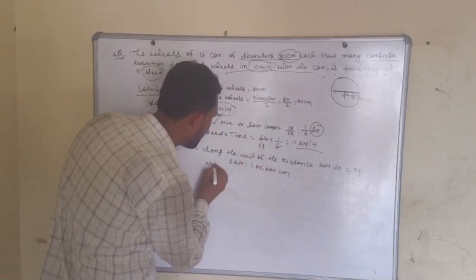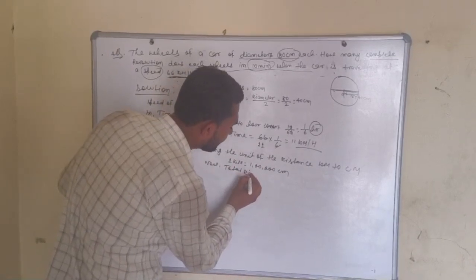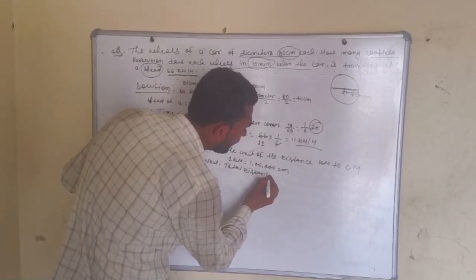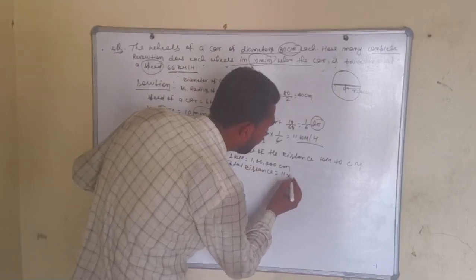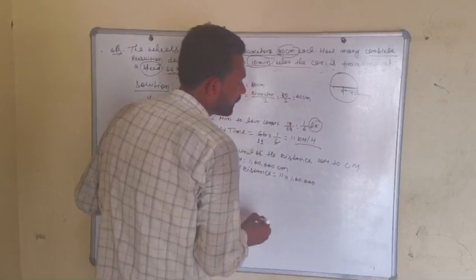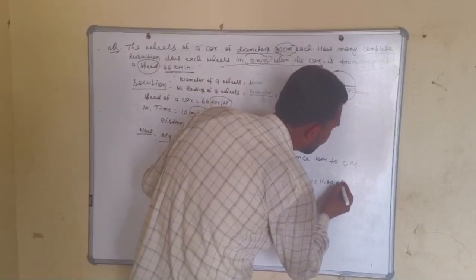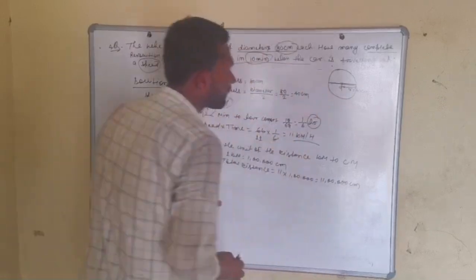Now total distance equals 11 multiplied by 1 lakh, equals 11 lakhs centimeter.